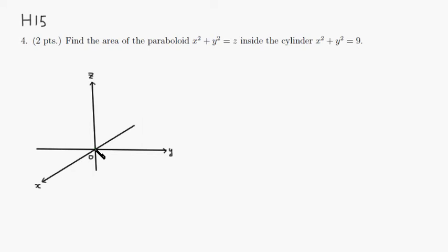This is the intersection of the cylinder and the xy plane, and it should look something like that. Since the radius is 3, that's going to be 3 there, and 3 here, and -3 there, and -3 here. Then we have a parabola.